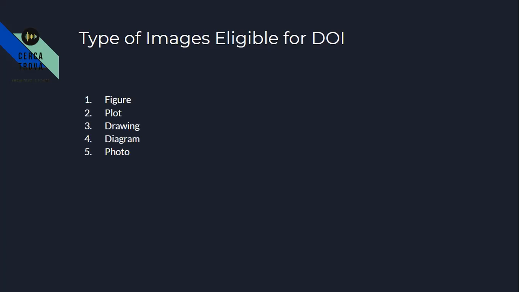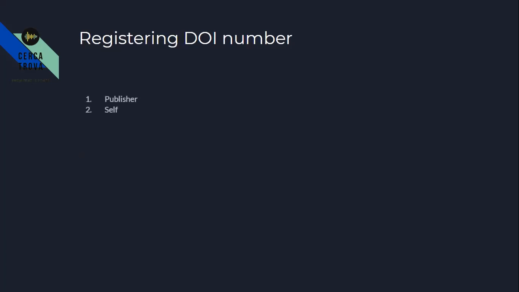There are five types of images to which you can assign a DOI number, and if an image is your own copyrighted work, I recommend assigning a DOI number to ensure that it's yours. A DOI number can be assigned open or closed access, and there are a few agencies, which we'll discuss in upcoming presentations. A DOI number can be registered through two sources: through a publisher who is registered with a registration agency, or you can assign a DOI number yourself through third-party websites. I'll discuss that more later on.